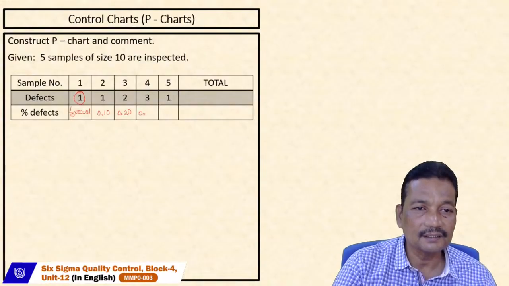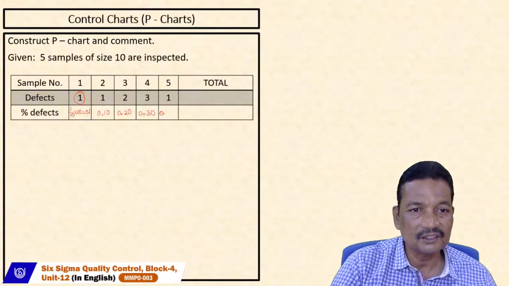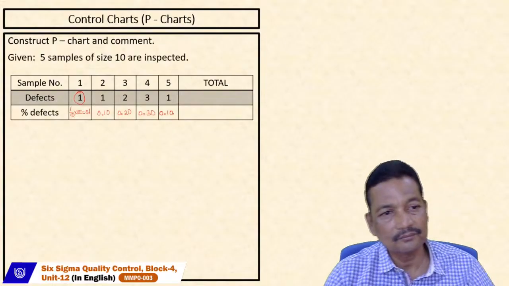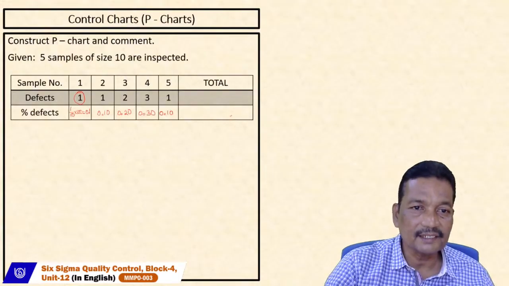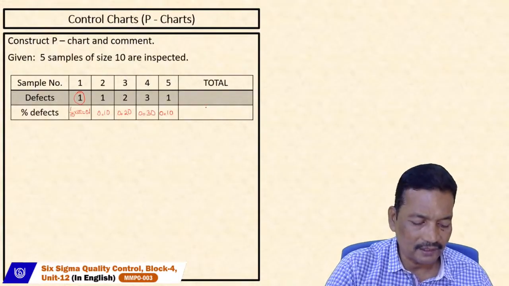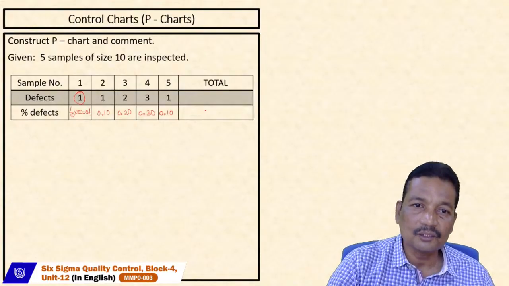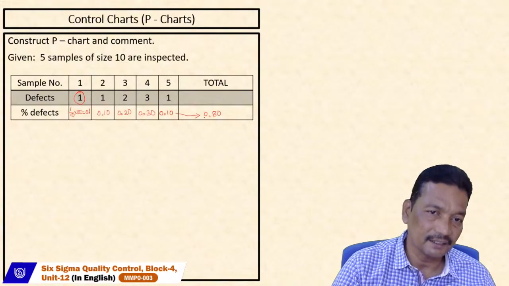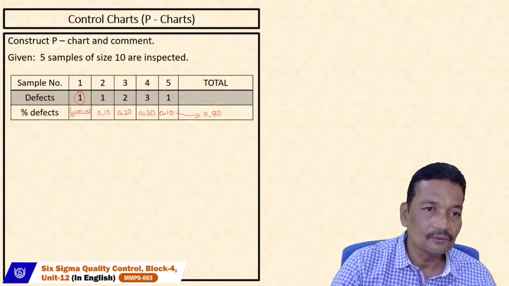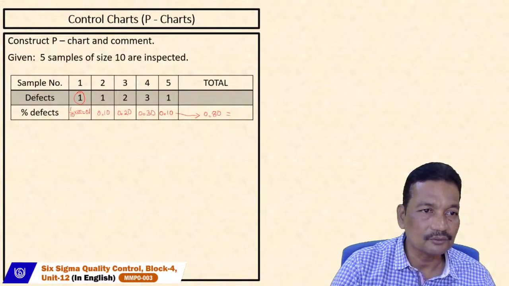Fourth one again is 0.30. And last one is 0.10. Now, once we get it, what is the total amount of defective? Now we add all the percentage defective. So that gives me a figure of 0.80. Now, these are the p values.